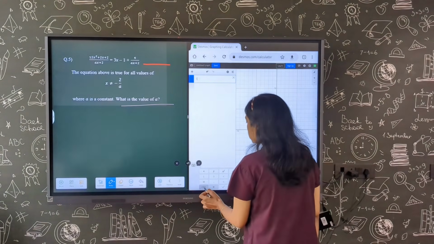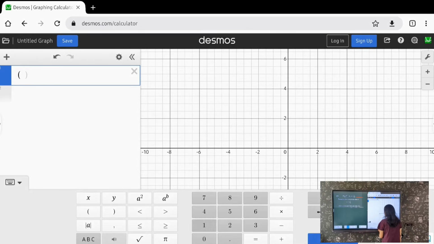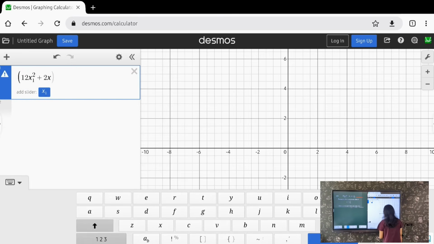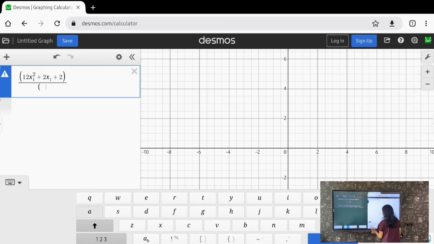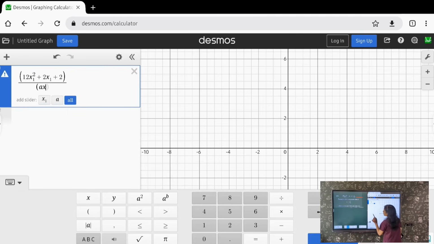So start with 12 x1 square plus 2x plus 2 over bracket ax1 plus 2.